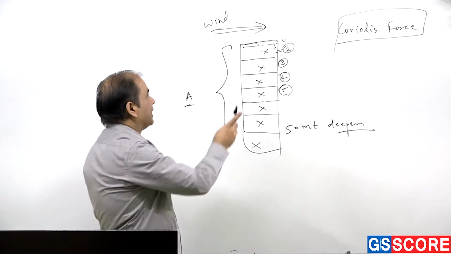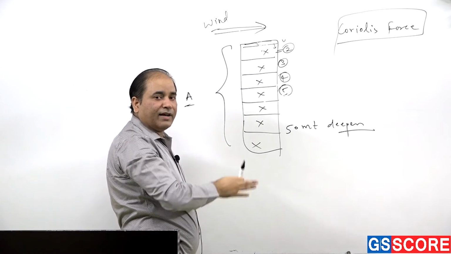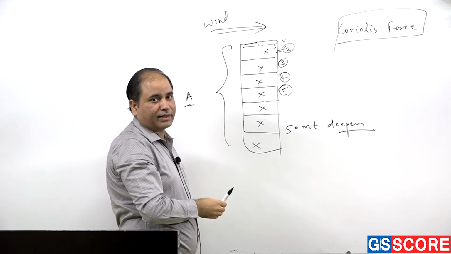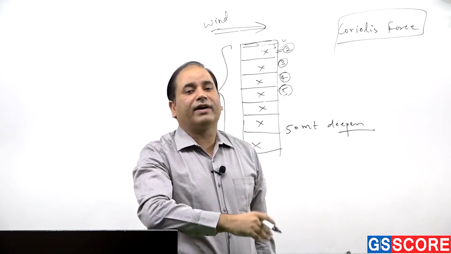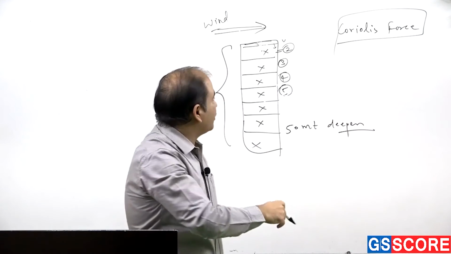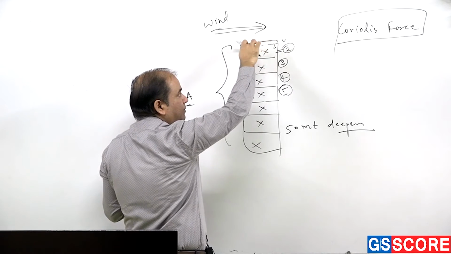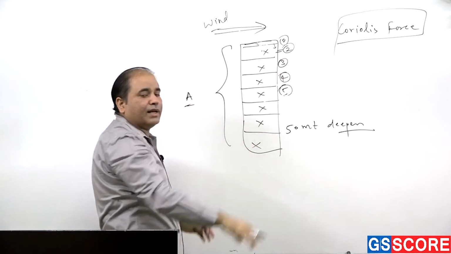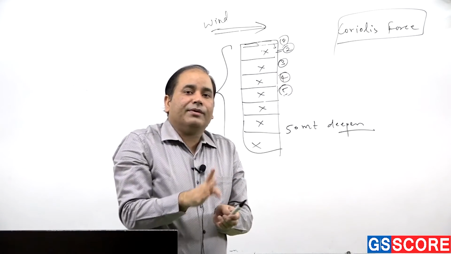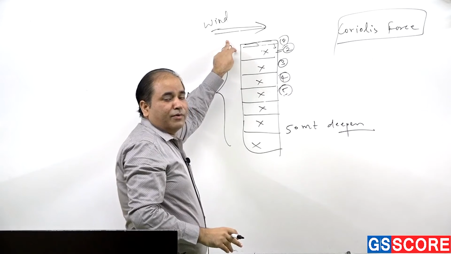Rather, it gets deflected rightward in the northern hemisphere and leftward in the southern hemisphere, and this deflection will be around 40 to 45 degrees. So if the wind is blowing here, the first layer gets energy and starts moving rightward from the direction of the moving wind.